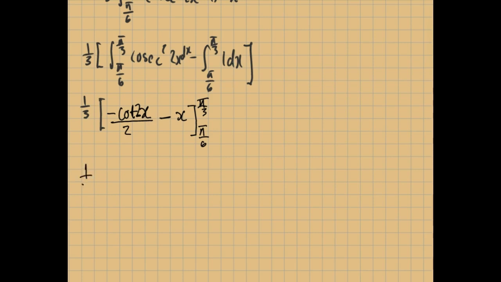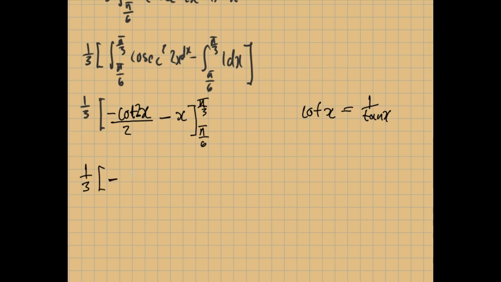Now if I multiply 1/3 by this, I don't have cot in my calculator, but I know that cot x is equal to 1 over tan x. So I can replace cot with 1 over tan.